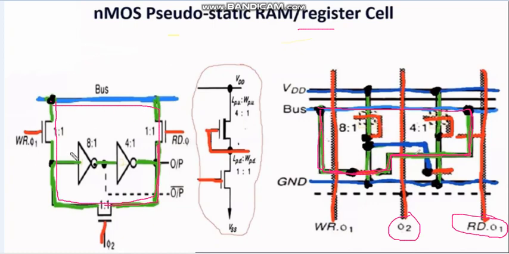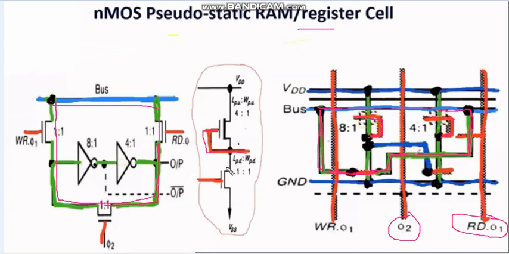Now let us look into the path from input to output of the inverters. For this inverter, the poly, of course, is a depletion mode transistor. With the implant we have drawn two depletion mode transistors, for this inverter and the second inverter.